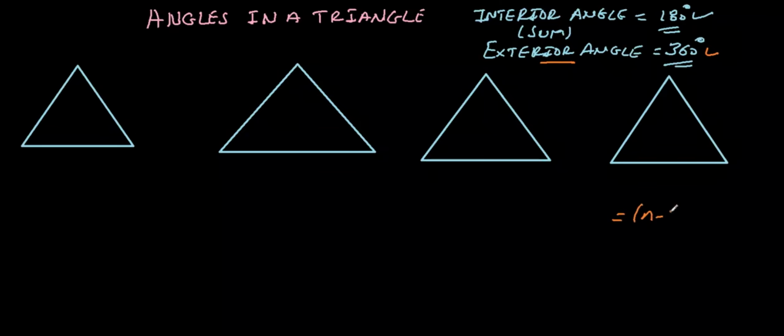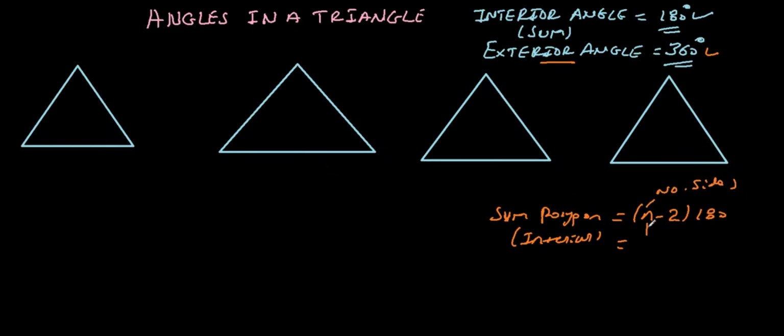N minus 2 times 180 degrees defines the sum of interior angles of a polygon. So a triangle is a three-sided polygon, so its interior angle sum will be n minus 2 times 180 degrees, where n represents the number of sides.